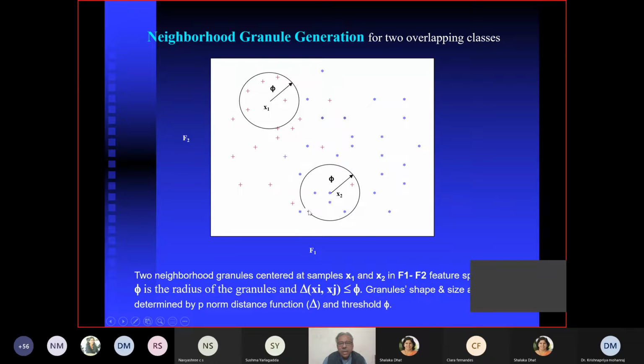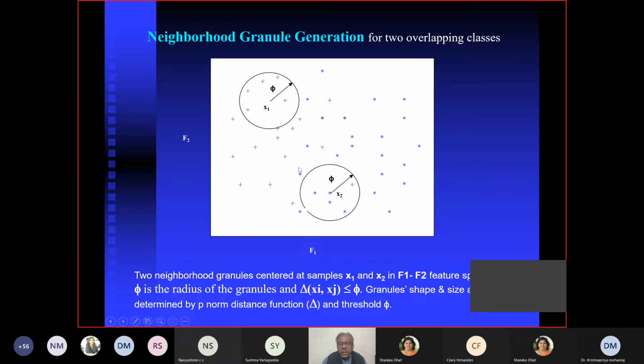Phi is the radius of the granule, and this is a p-norm function. The granule's shape and size depend on the distance function. So depending on what kind of distance, whether it is city block distance or Euclidean distance, that is the p-norm distance function, and the threshold, we determine the granule shape and size. So for every point, I can define a granule.